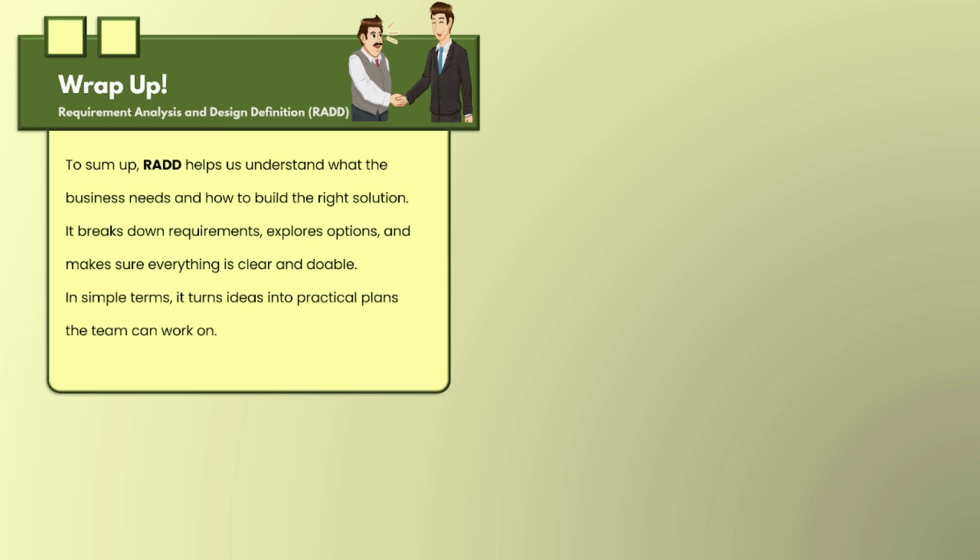I hope now you have a clear understanding of RAD. In the upcoming tutorial, we will dive into some practical techniques like process modeling, cost benefit analysis, feasibility analysis, and return on investment. These will help us analyze and present solutions more effectively.